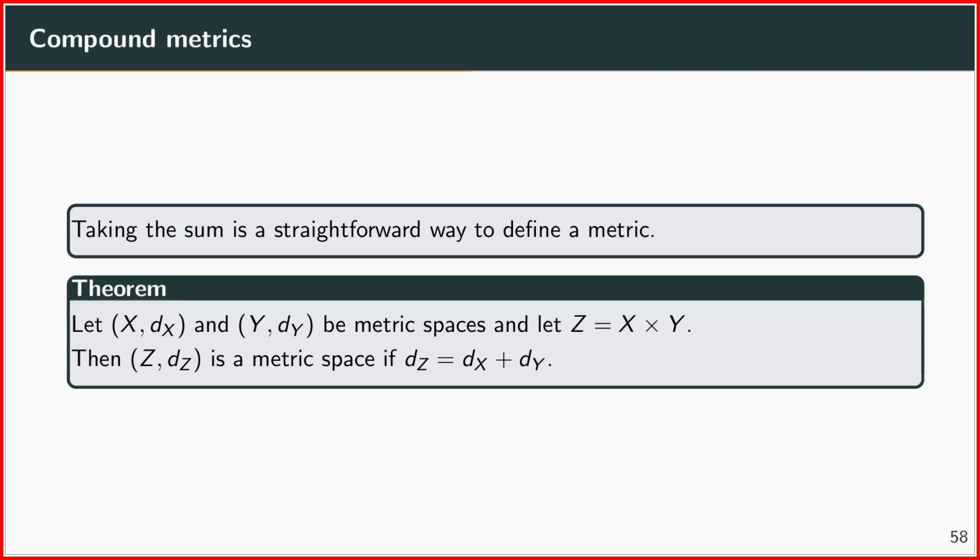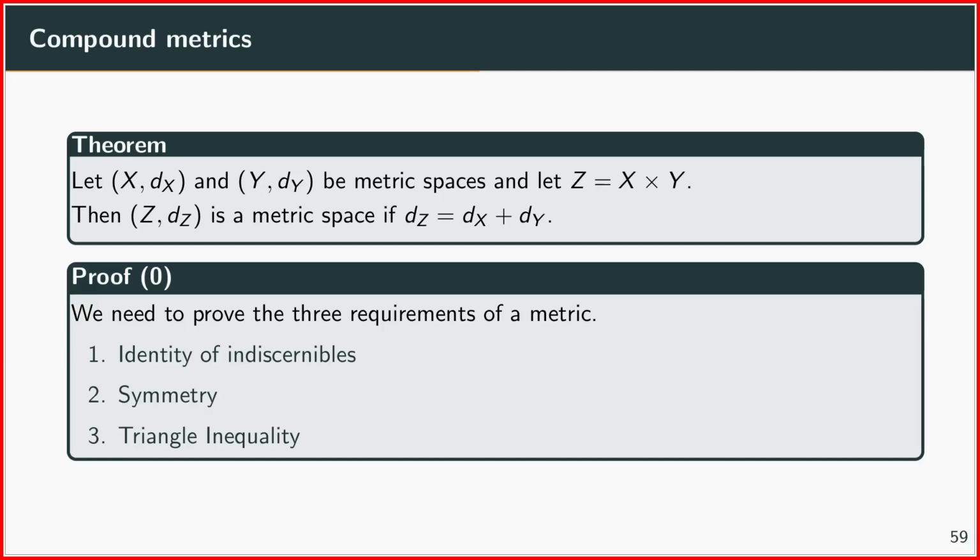And one straightforward way to do that is actually just taking the sum. Basically, if you have here two metric spaces where you have a topological space and a distance function, you can define a new metric space, which is a Cartesian product. And you can also define a new metric space by taking this distance function here, which is just the sum of the individual distance functions.